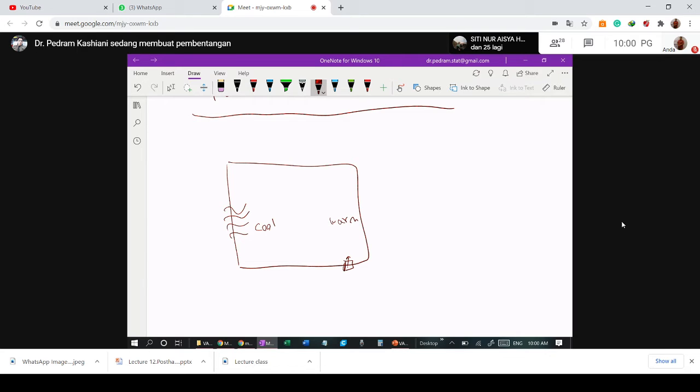Imagine that this side is a wall, and this side is glass. This one and this one is glass. Therefore here is darker, here is lighter.